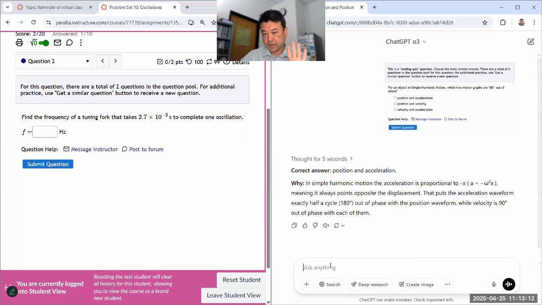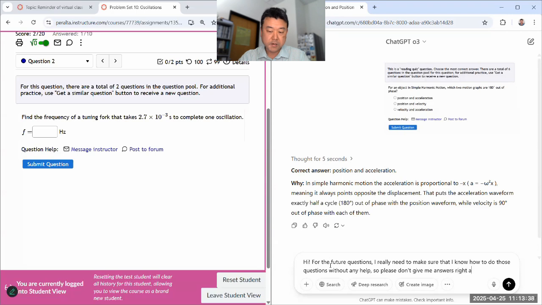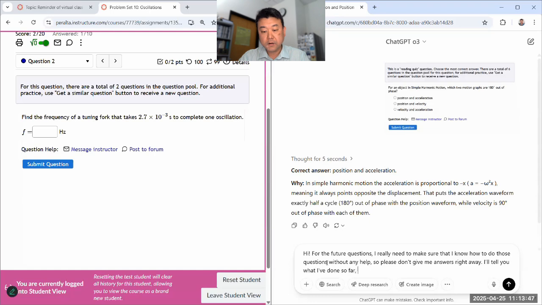So to ChatGPT, I need to give it this prompt so it won't give me solutions right away. I'll say, "Hi, for the future questions, I really need to make sure that I know how to do those questions without any help. So please don't give me answers right away. I'll tell you what I've done so far and ask for your help for the immediate next step.